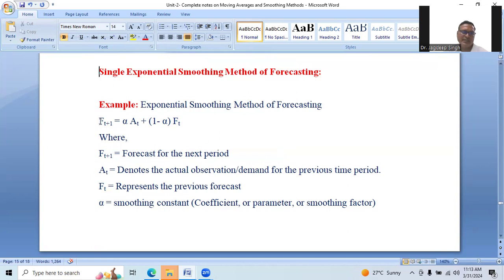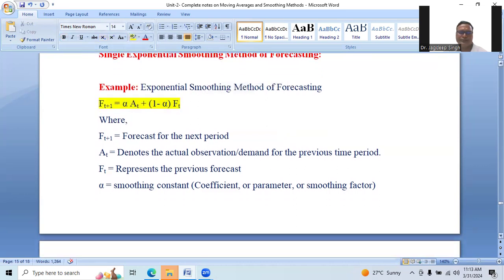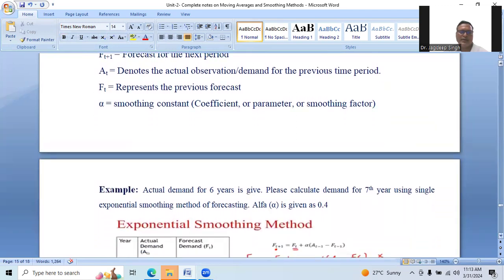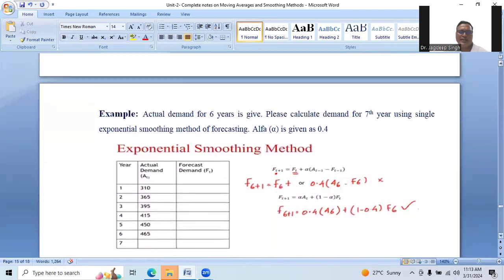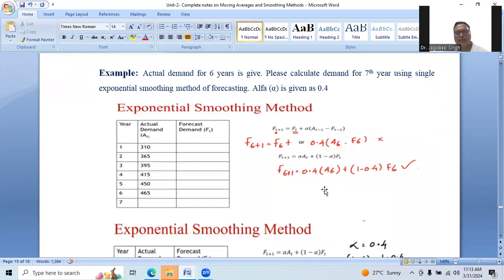So please remember this formula. This is very important for single exponential smoothing calculation. Now we can take one example here. Actual demand for 6 years is given. Please calculate the demand for the 7th year using the single exponential smoothing method of forecasting.